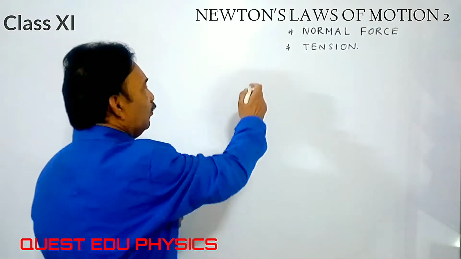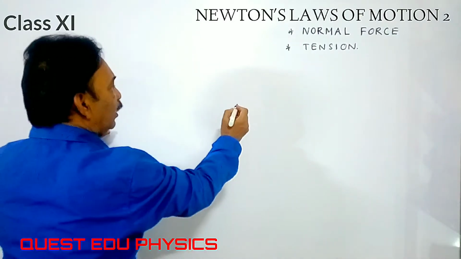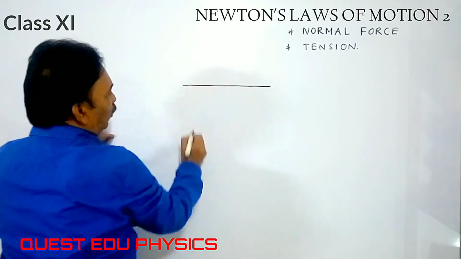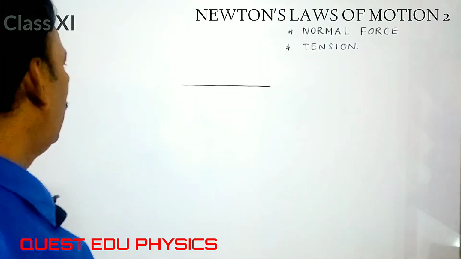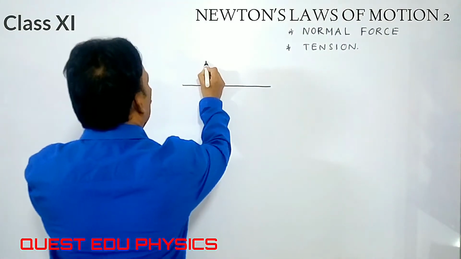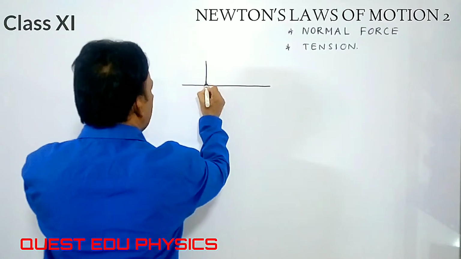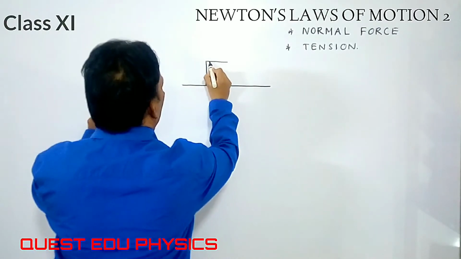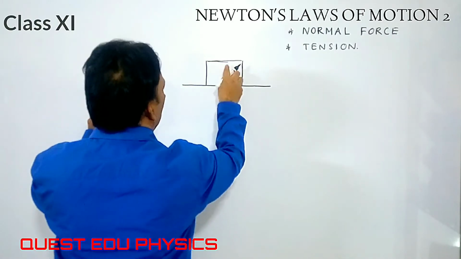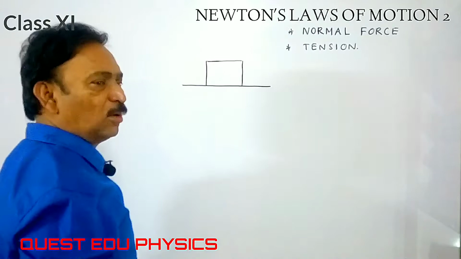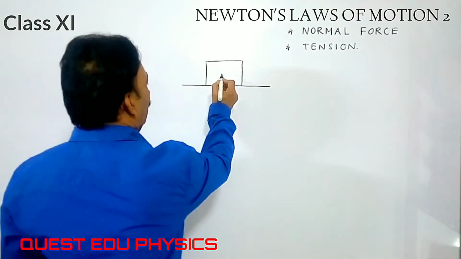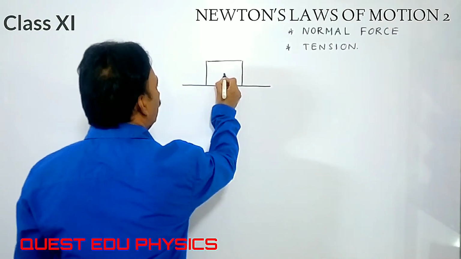We are talking about the normal force now. Let's take a surface. For our understanding, we are calling it a plane surface. We kept a body here in the shape of a block, kept over the surface. Here is the center of mass of the body.